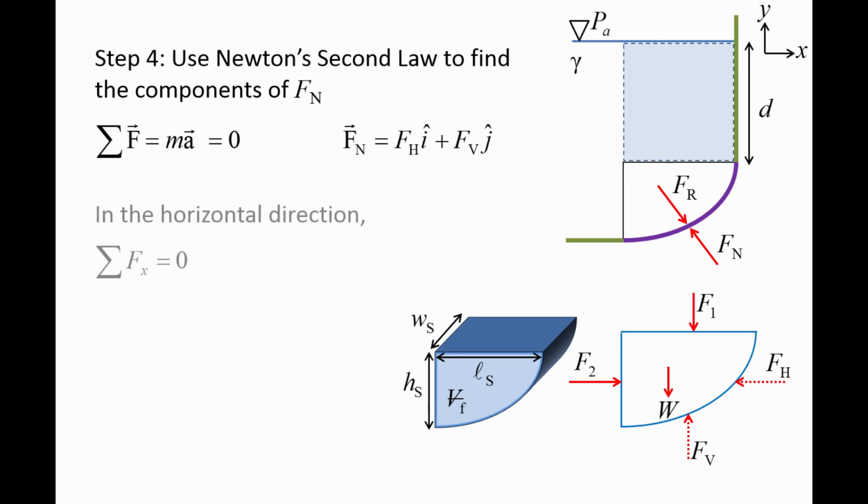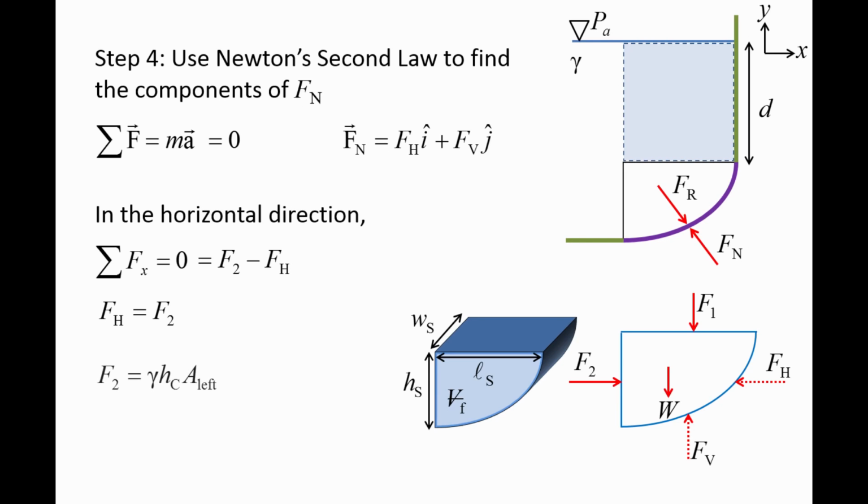The sum of the forces in the x direction is equal to 0, so F2 minus Fh is equal to 0. Rearranging the equation, we find that the component in the horizontal direction Fh is equal to F2.